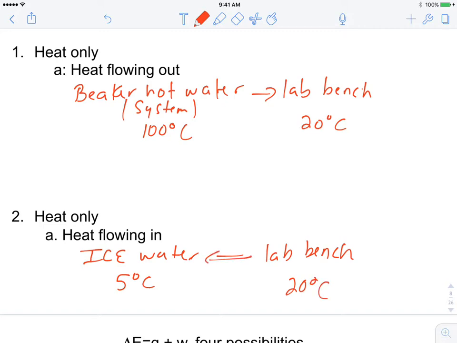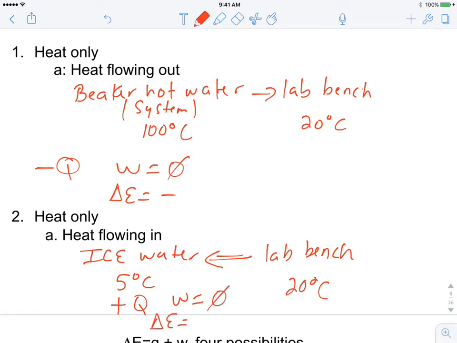And now the arrow is going to be going in here. So in the first case, we would have a negative Q. The work is equal to 0. So the change in energy for this one up here is going to be negative. Down here, we have heat going in, we have a positive Q. We have work equal to 0. So we have a delta E equal to positive.